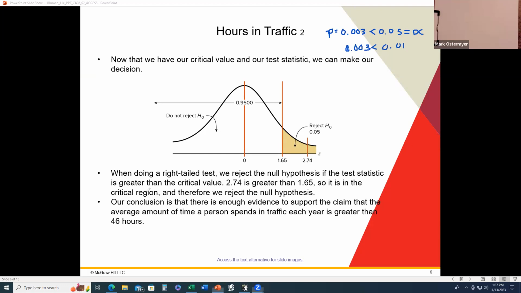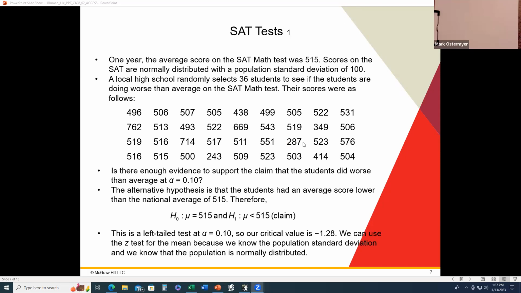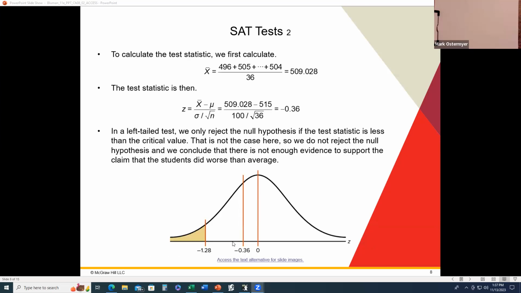Let's go on. Let's do this next one here. All right. Here we're testing to see whether this high school's mean score on this SAT math test is less than national average. At 1%, wait, excuse me, at what level of significance? At 10%, we were unable to reject the null hypothesis at 10%.